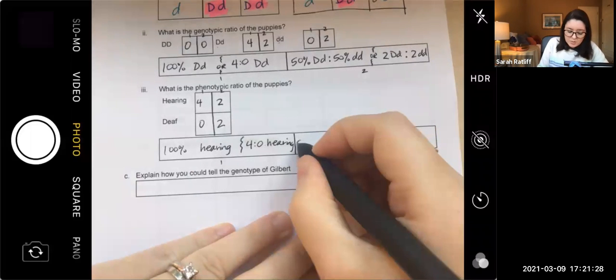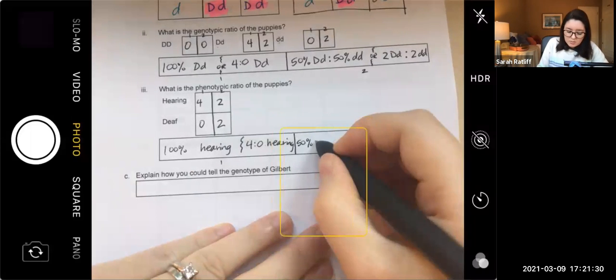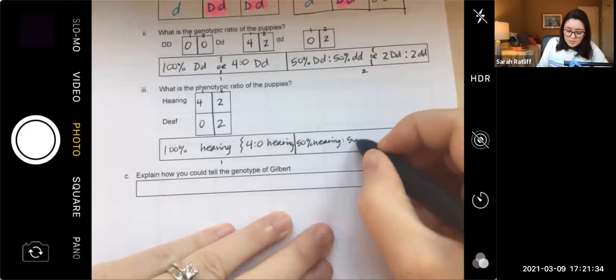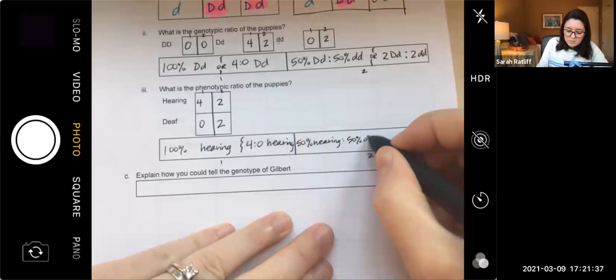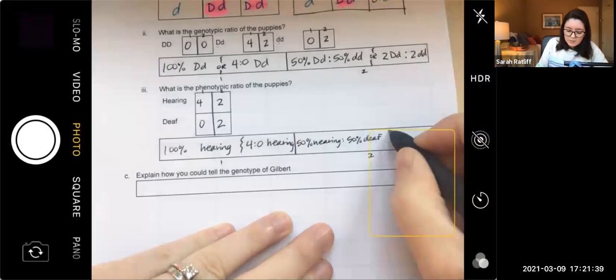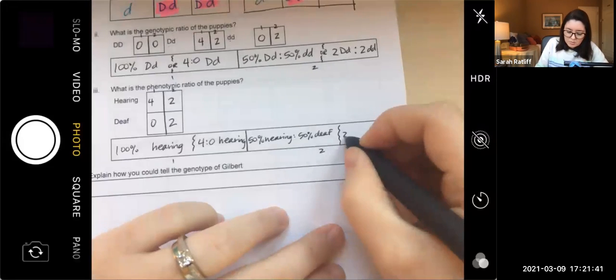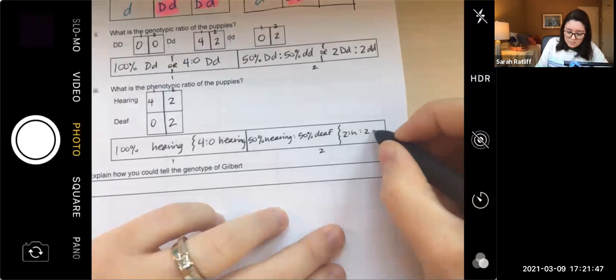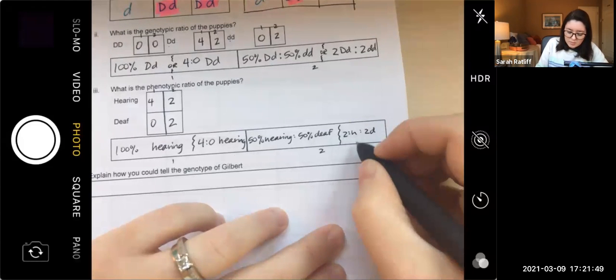So 50%, or 2 of the 4, will be hearing, to 50% deaf. If you like the numbers, we'll do 2 H for hearing, to 2 that are deaf. Sorry, I'm in another room.